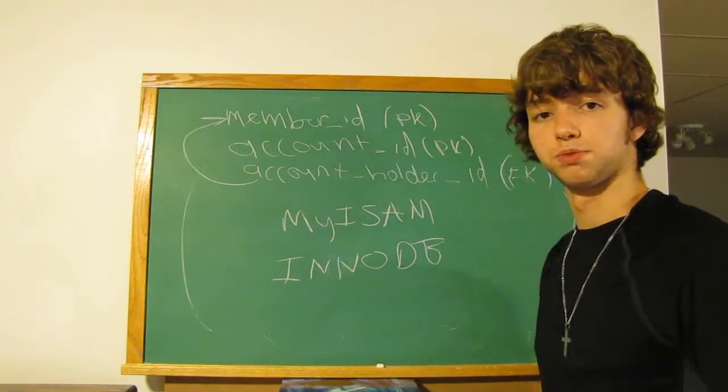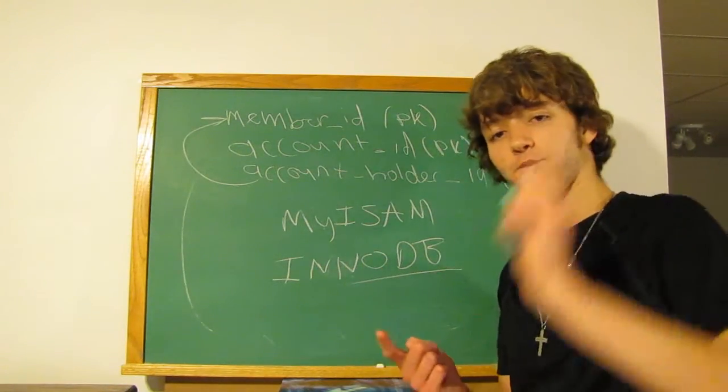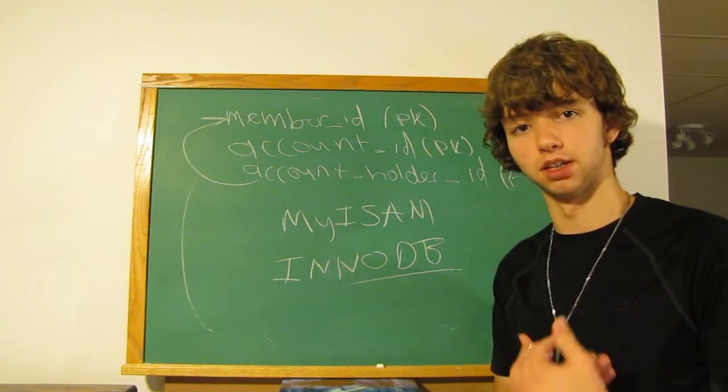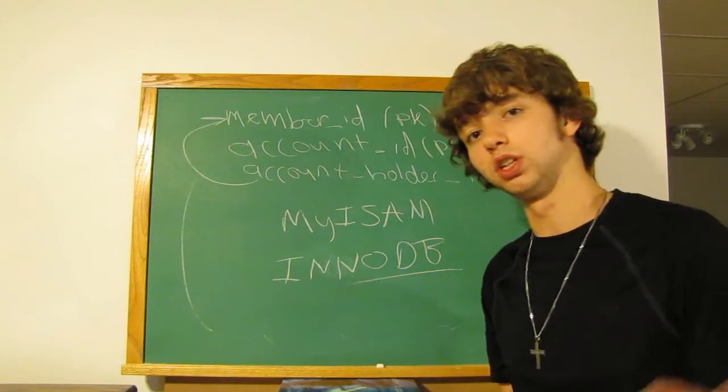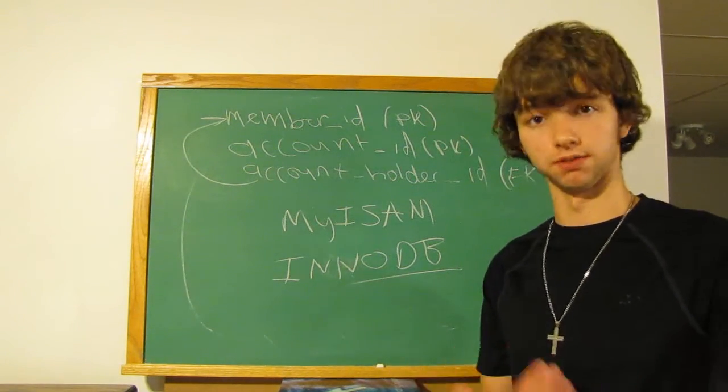Here are the two options. We are using this one because it allows for foreign key constraints, which keeps your database connected with foreign keys. So if you delete something, it'll also delete the foreign key or give you a warning of some sort.